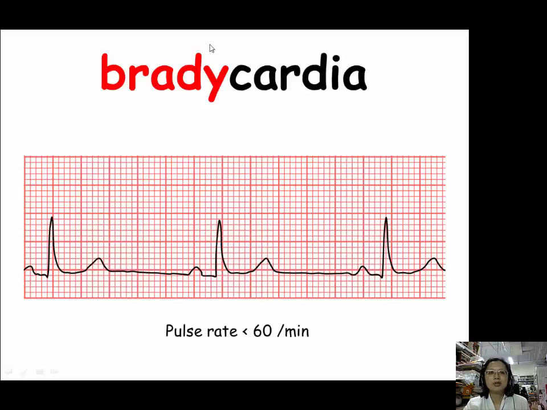Our example is bradycardia. As we show here in the electrocardiogram, a pulse rate of less than 60 beats per minute is defined as bradycardia. It is the slowness of the heartbeat.